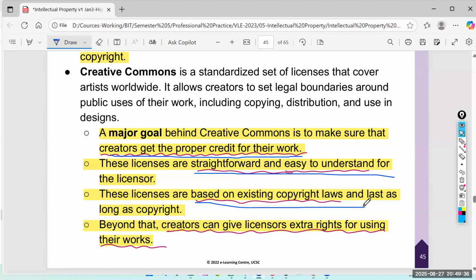And the creators have very tight control and very fine-tuned control, giving the rights and keeping the rights. Specifically, they can mention what you can do, what you can't do with my content.